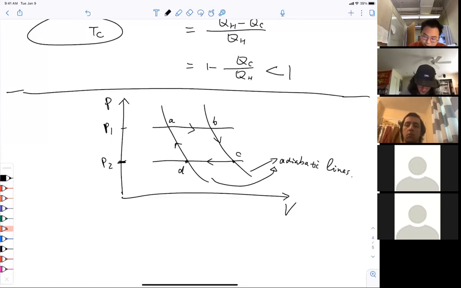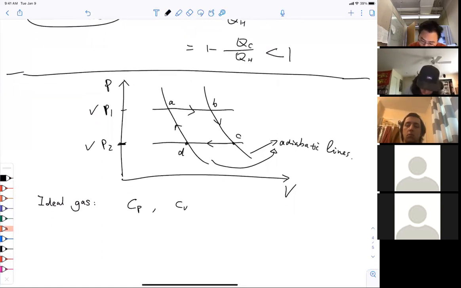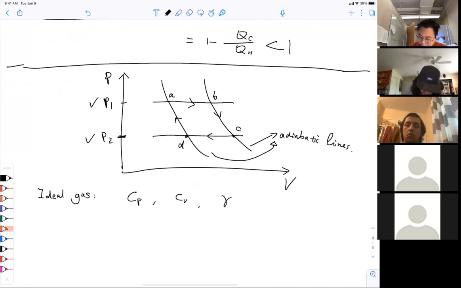And we know P1 and P2, they are given, and let's assume it's an ideal gas, and we know the CP. Of course, if we know CP, then we know CV, right? They are related. And then we know this gamma, so PV to the gamma equals constant.